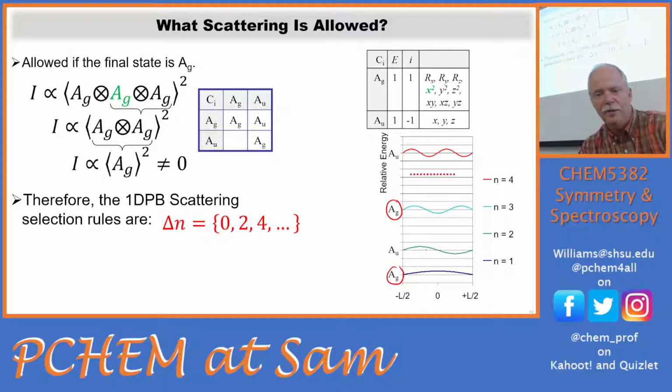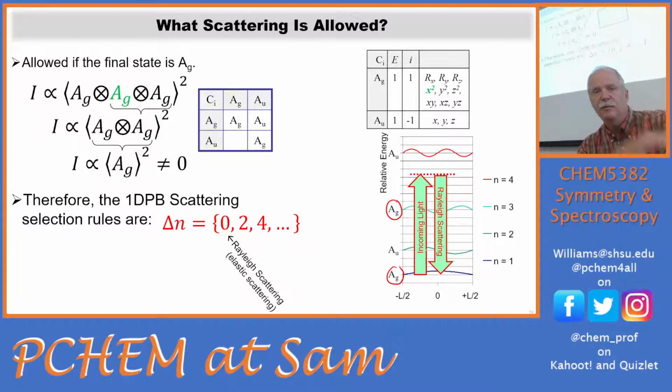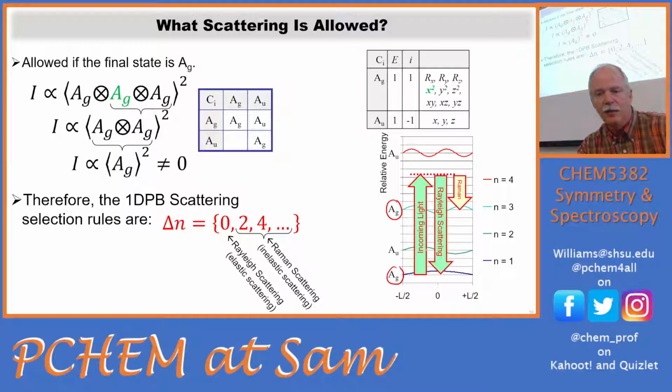So we could have delta n equals 0, which is Rayleigh scattering, which is shown here, where it comes back down to itself. And we can have Raman scattering, where it goes up to n equals 3. So 1 to 3, delta n equals 2, and 1 to 5 would be delta n equals 4, etc.